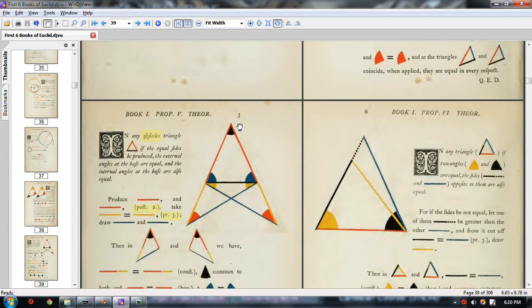We have a line. We extend it. That gives us two lines, really. We have the red line and the produced line, one longer than the other.